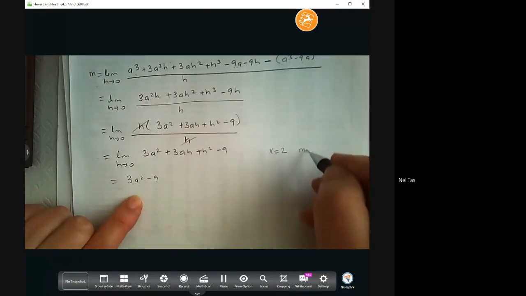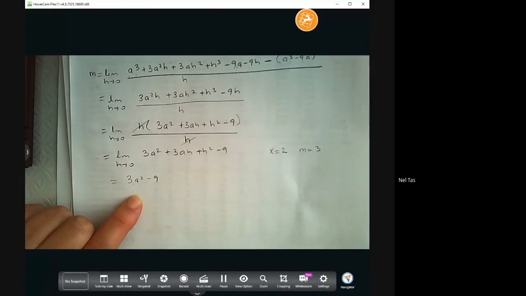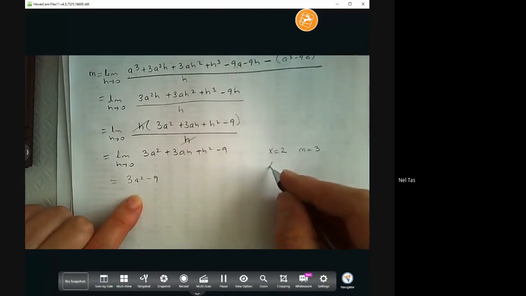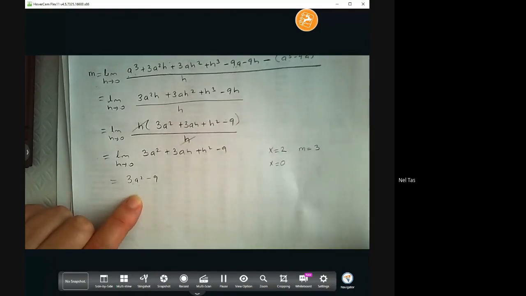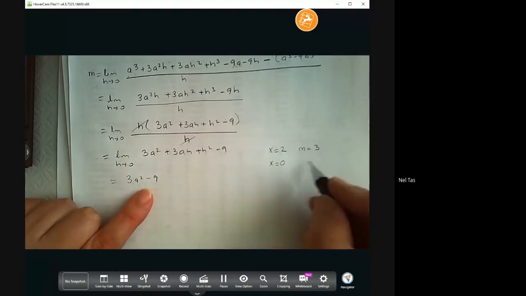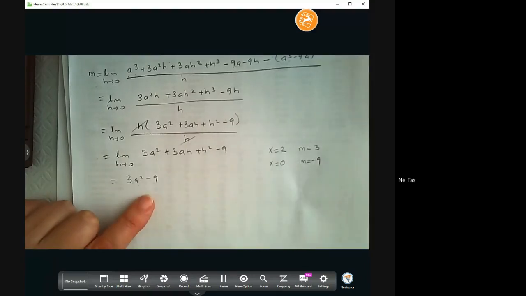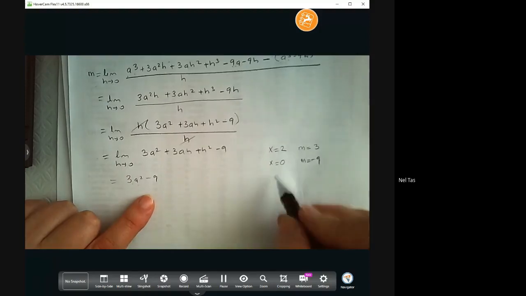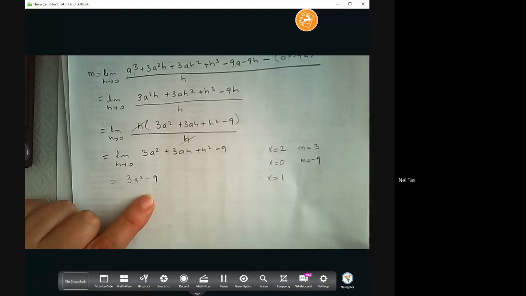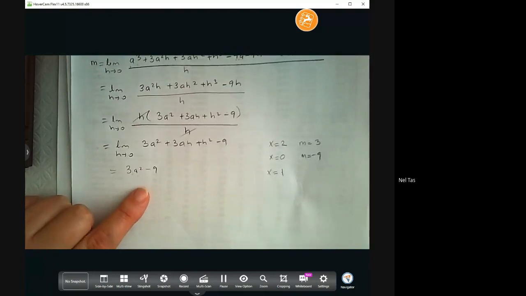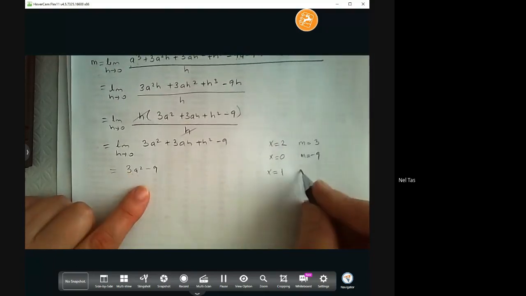So now you know that the slope of the tangent at x equals 2 is going to be 3. Or you want to know the slope of the tangent at x equals 0. So sub in, and you get slope being negative 9. Okay? Any number, let's say x equals 1, you want to know the slope of the tangent. Sub in, you get negative 6.